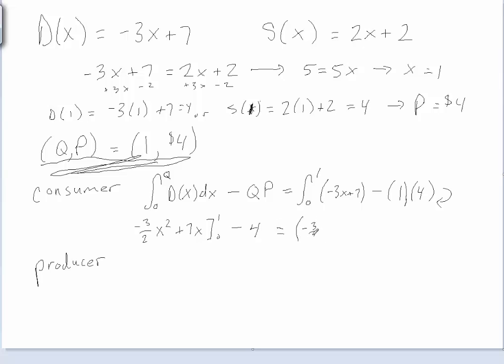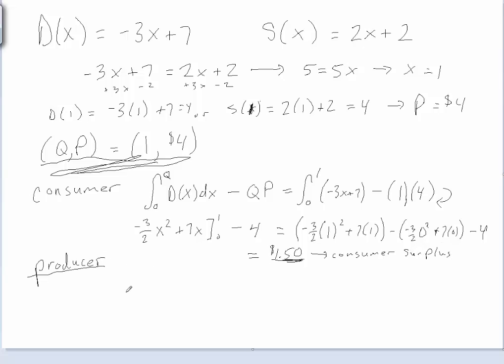So negative 3/2 times 1 squared plus 7 times 1, minus negative 3/2 times 0 squared plus 7 times 0, minus 4, which gives us a value of 1.5 or $1.50. So this is going to be consumer surplus.